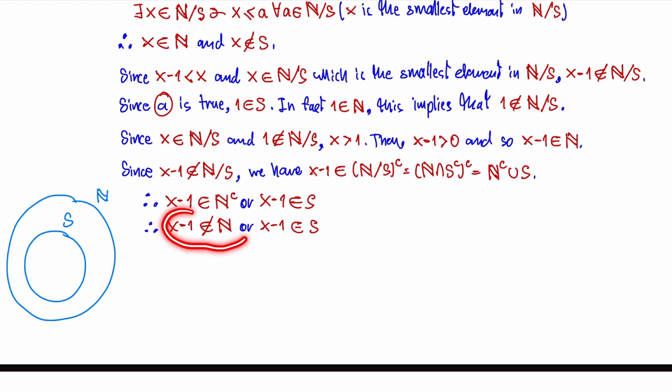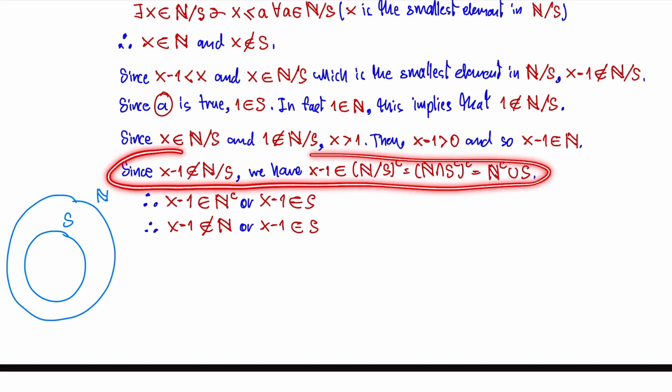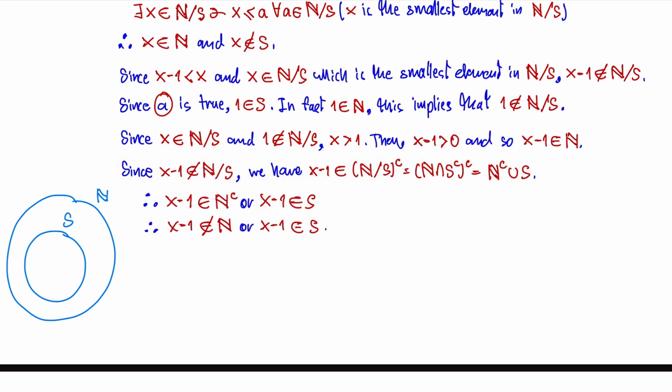So X minus 1 is not in the set of natural numbers. So from this right here, this implies that X minus 1 is in set S. Hence, X minus 1 is in set S.